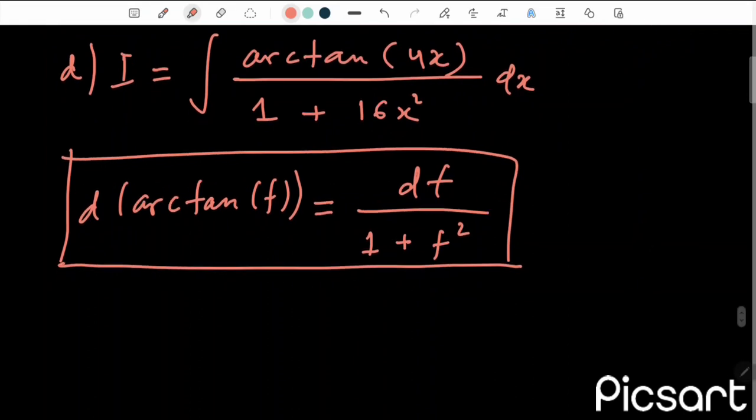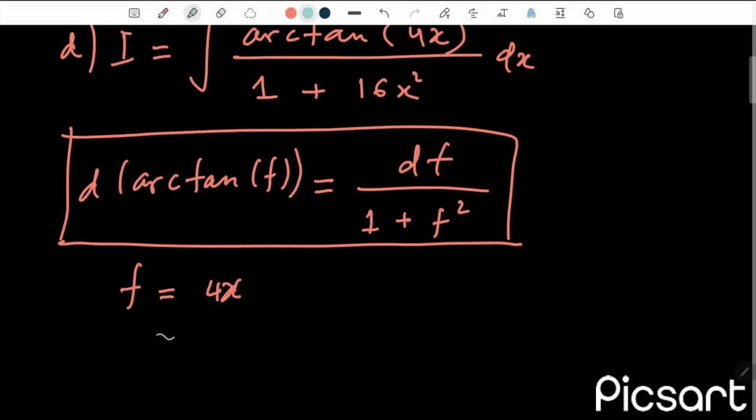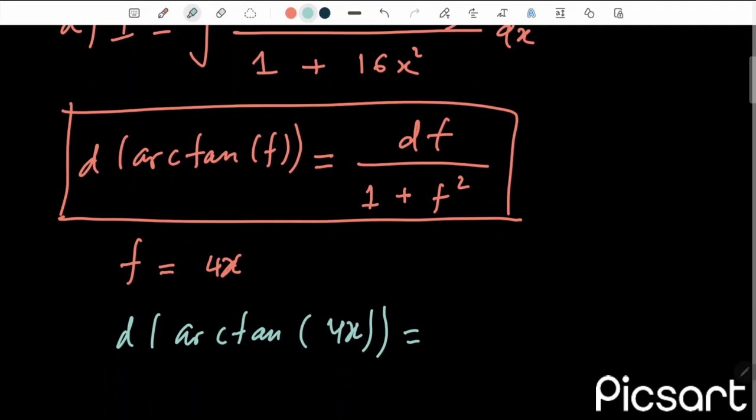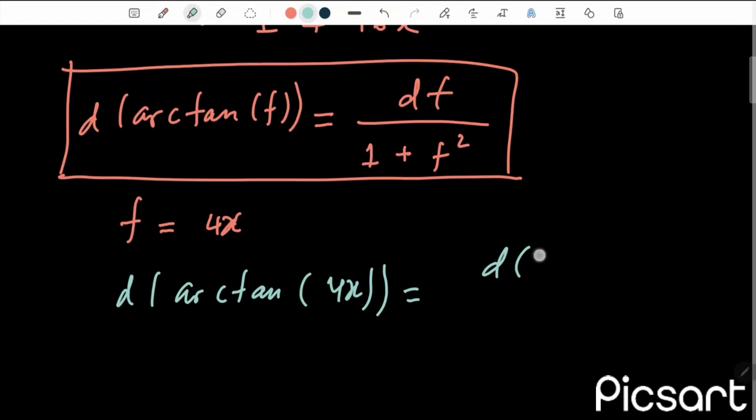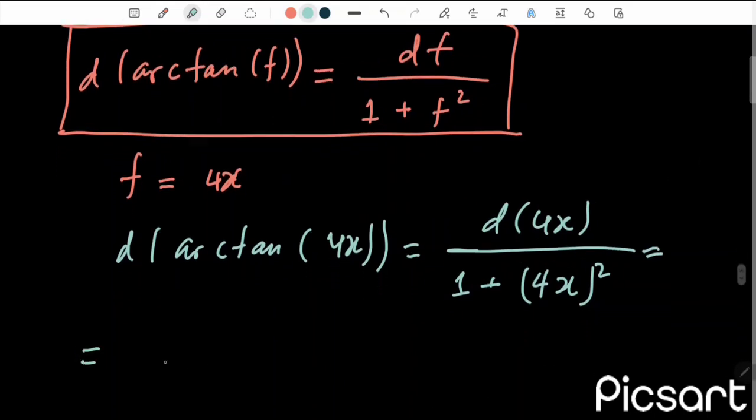Applying this rule, we can see that if we choose f as 4x, then the derivative of arctan of 4x is equal to d of 4x over 1 plus 4x squared, which is equal to 4dx over 1 plus 16x squared.